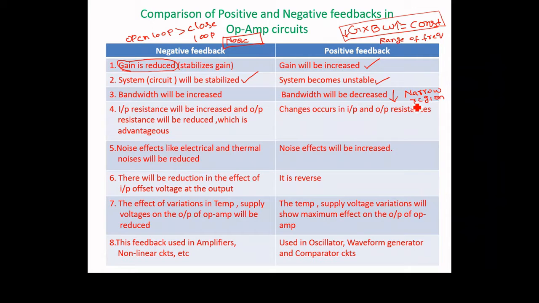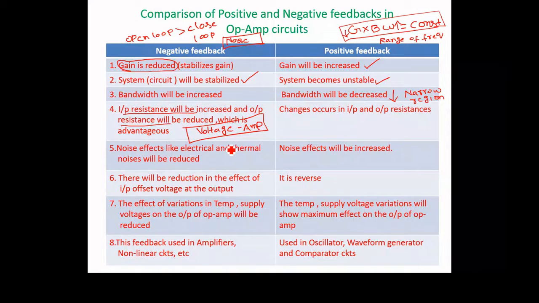We will see in further classes that the input resistance will increase and the output resistance will be reduced when we are operating the op amp in negative feedback. This is more useful for the op amp, as in most cases it will act as a voltage amplifier.